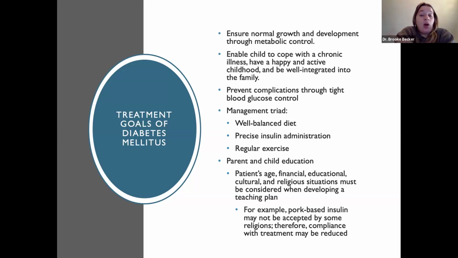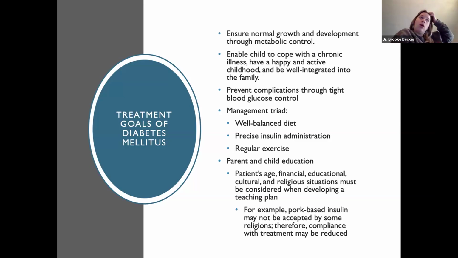Now, in some cultures, our insulin is derived from pork. So pigs. Okay. So in some cultures, they cannot eat pork and they cannot take in pork. So you may need to find another form of insulin for them to utilize. So that might be a concern.